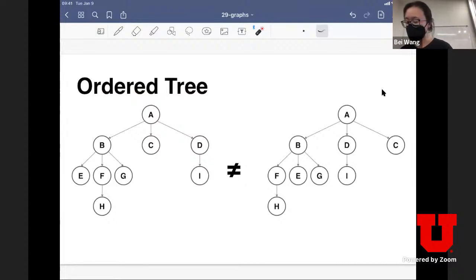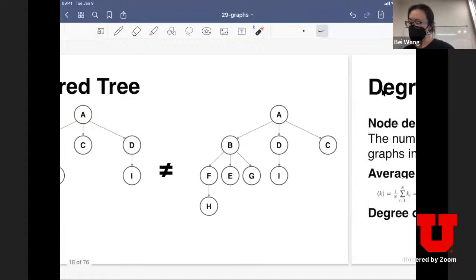For example, in this case, I have A, B, C, D that order my nodes by level. This is the first level, this is the second level, this is the third level. If I have to have this order or this label, those are two different types of tree because the label is actually different. For example, you can actually differentiate them.